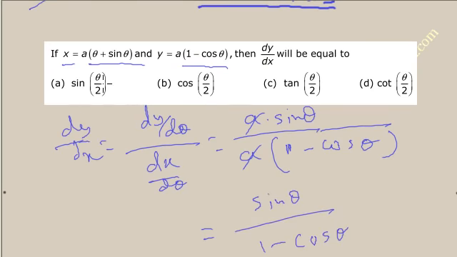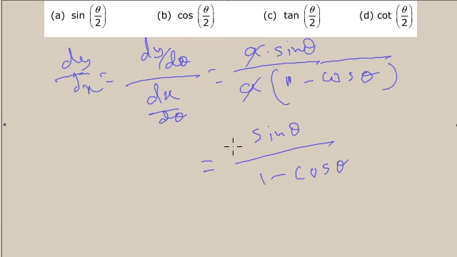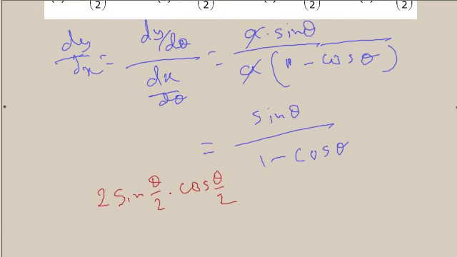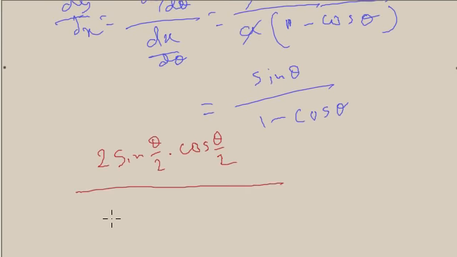Here you see this is in terms of theta by 2, that means you are required to write it in another form. So sin theta, you can write as twice sin theta by 2 into cos theta by 2, you know this from the trigonometric formula, and divided by 1 minus cos theta. You can write cos square theta by 2 minus sin square theta by 2.